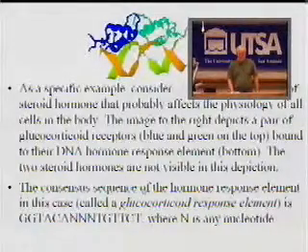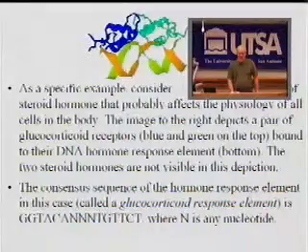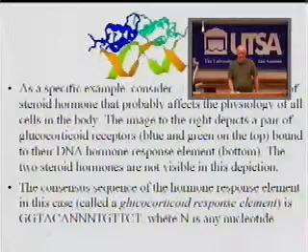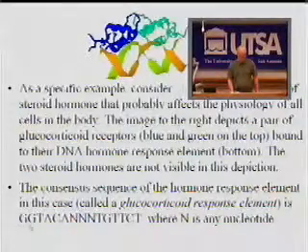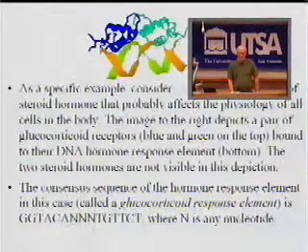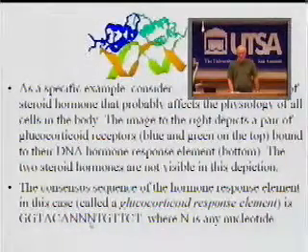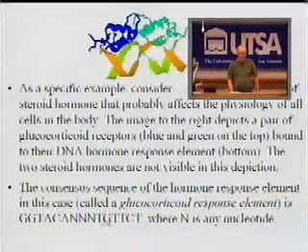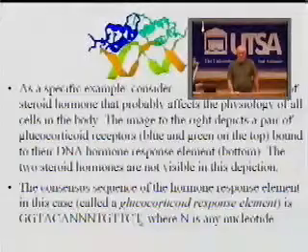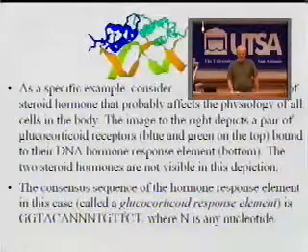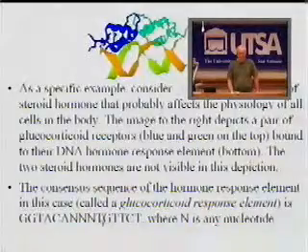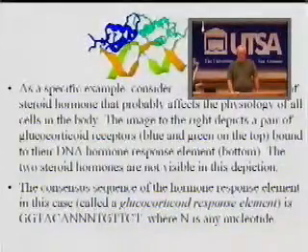So the consensus sequence of the hormone response element in this case, called a glucocorticoid response element, or GRE, is GGTACA, and then the N means that there can be any 3 nucleic acids there, and then TGTTCT. So you can see that if you took this and flipped it back, these are complementary to each other.